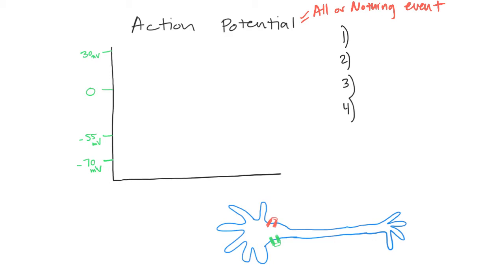And once it goes to completion, it can't stop in the middle and go backwards. Okay? And so the action potential is the initiation and propagation of this electrical signal, or this change in voltage, down the cell.